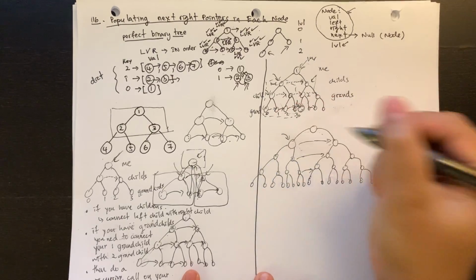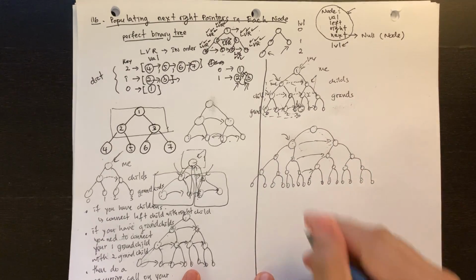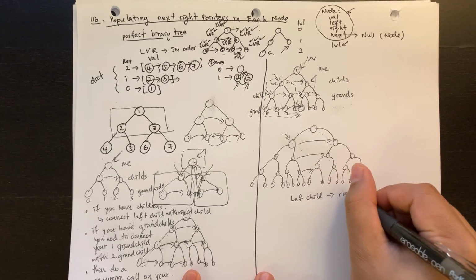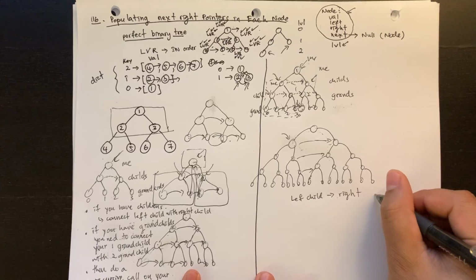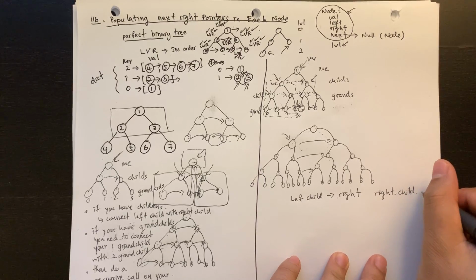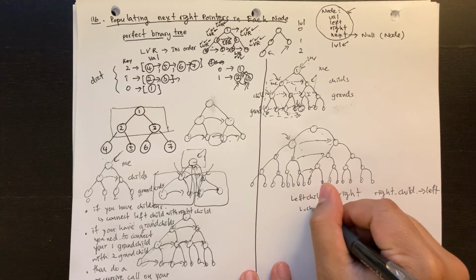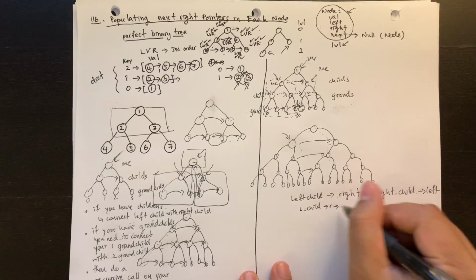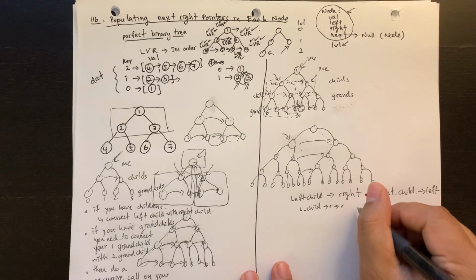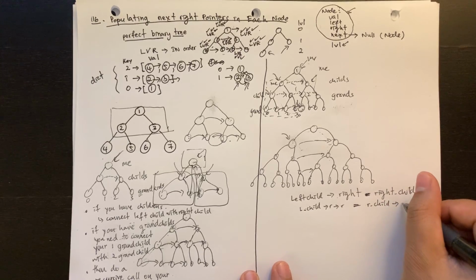We traverse through our left child and then go right, and then connect this with the right child, and then go left, and then do left child, and then we go right, keep going right, and then we connect the right child, then go left.